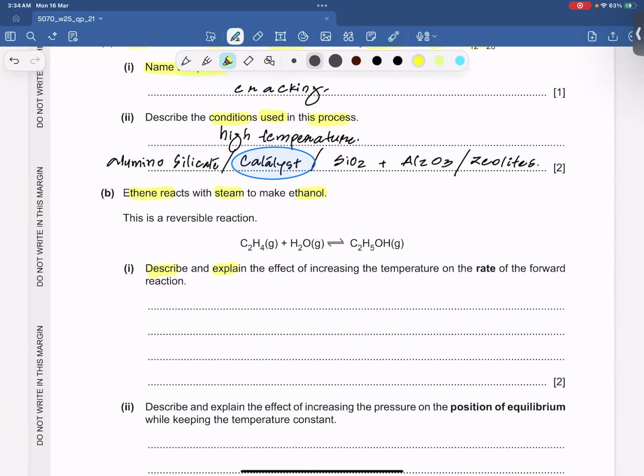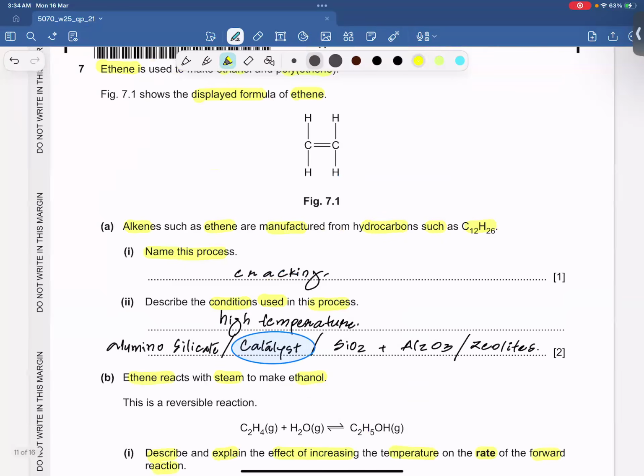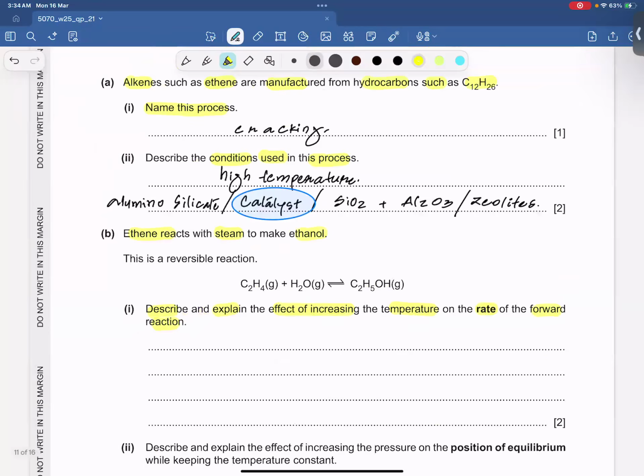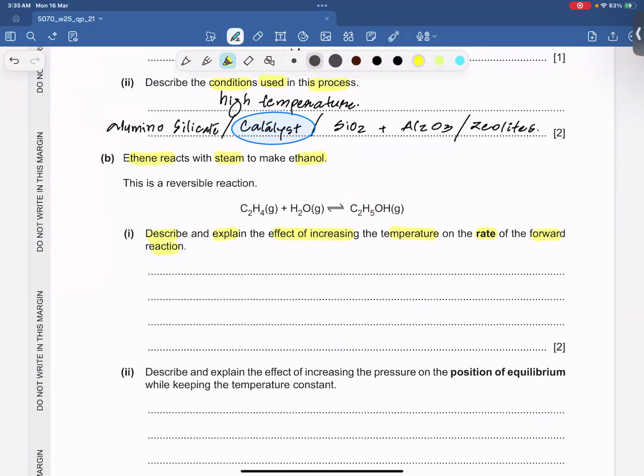Describe and explain the effect of increasing the temperature on the rate of the forward reaction. All right. So first of all, we need to find out that this reaction is reversible. We are increasing the temperature, so the rate of forward reaction also increases.